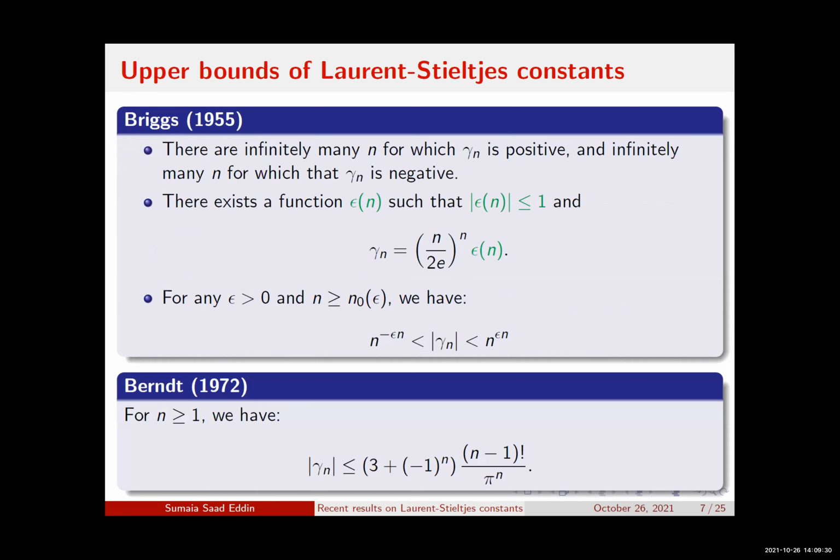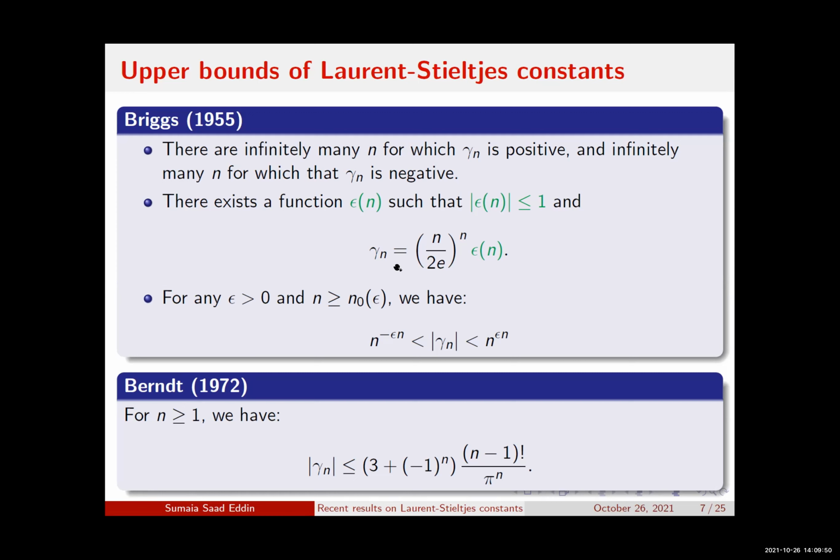The first result in this direction was given by Brinks in 1955. In his result, he gave upper and lower bounds of the absolute value of gamma n by using his asymptotic expression of gamma n.